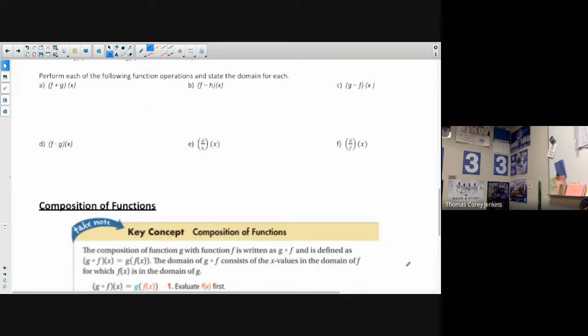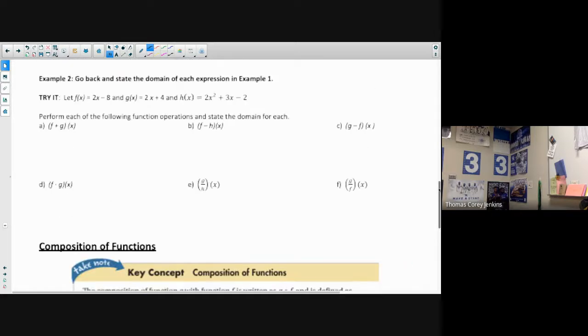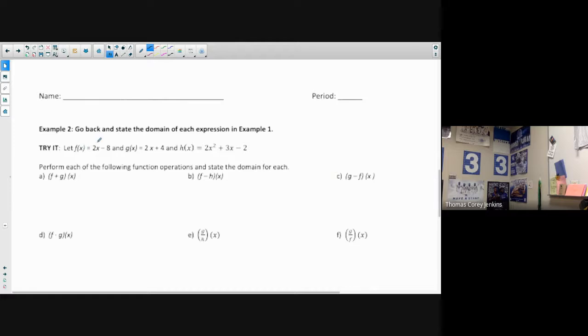So let's look at B. And in this example, f of x is 2x minus 8, g of x is 2x plus 4, h of x is this quadratic, 2x squared plus 3x minus 2. And that's going to factor, just kind of taking a shortcut here, to 2x minus 1 times x plus 2.